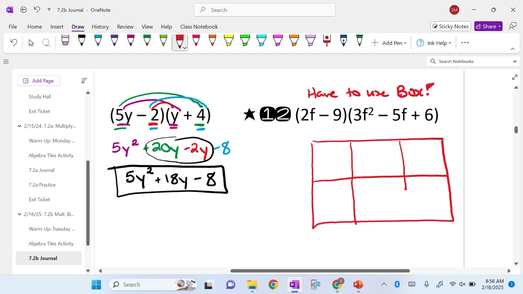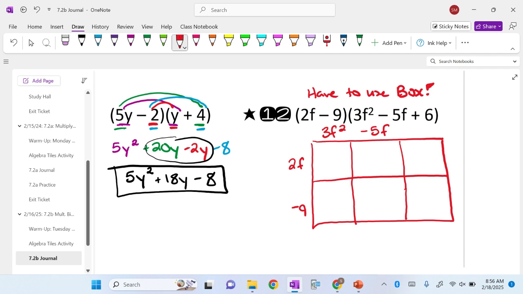So we should have 6 little boxes. And we're just going to do the same setup. It's just a little bit bigger. So 2f minus 9 on the side, 3f squared minus 5f plus 6 along the top. And it's just like if we're doing a 2 by 2 box. Same method. All right. Now think about this carefully.